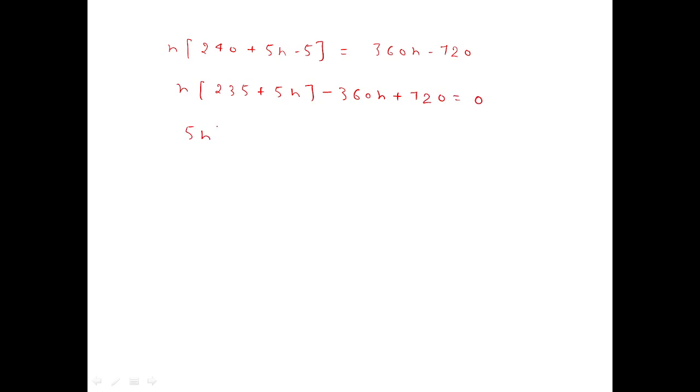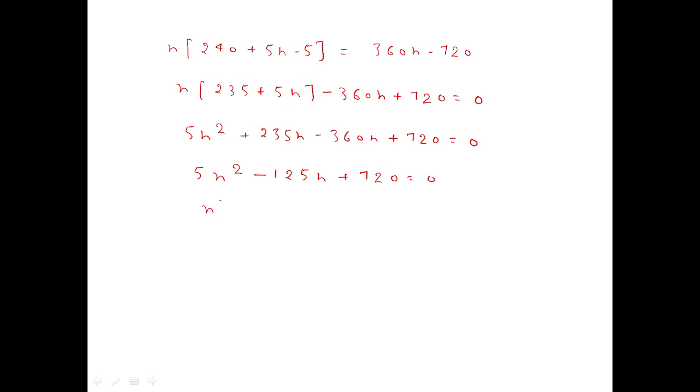Solve it, you will get 5n square plus 235n minus 360n plus 720 is equal to 0. So 5n square minus 125n plus 720 is equal to 0.